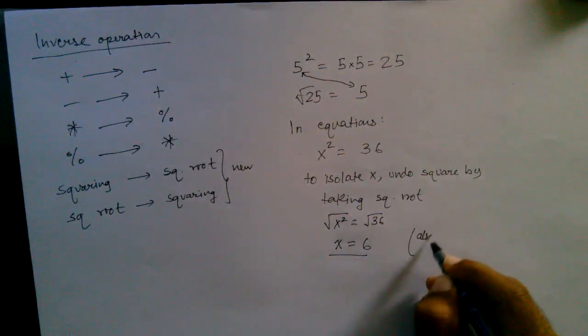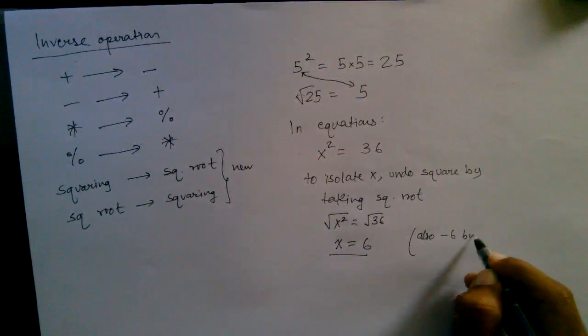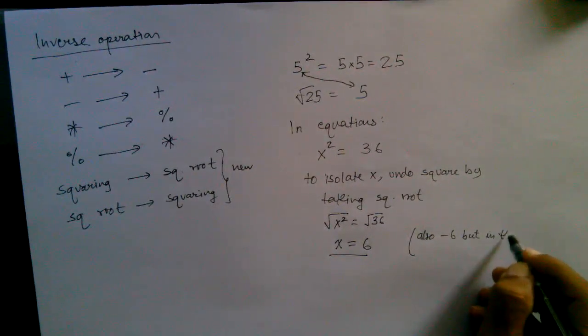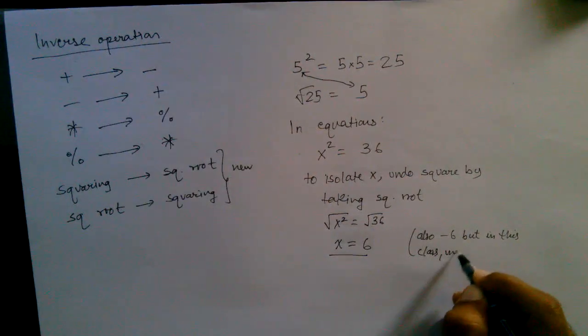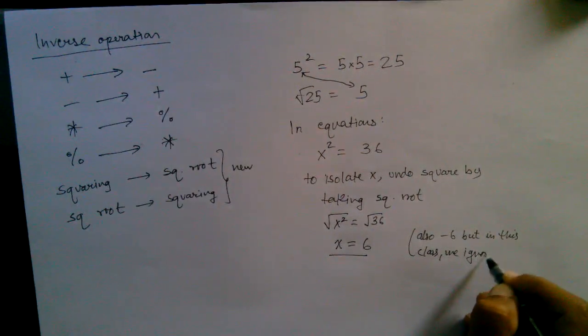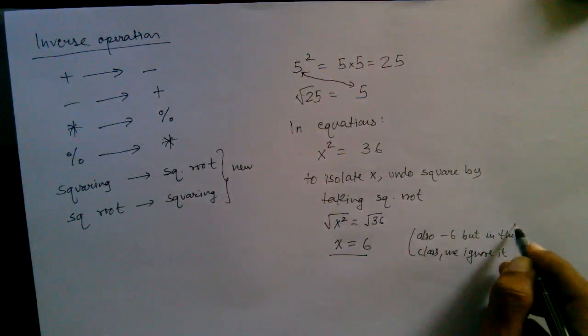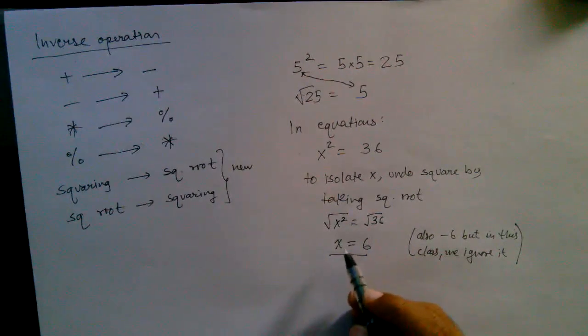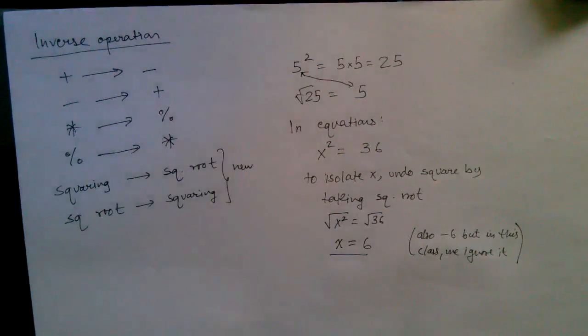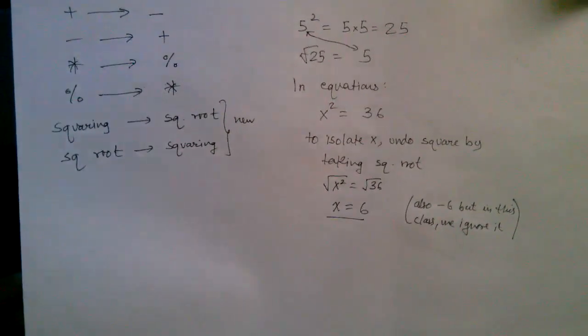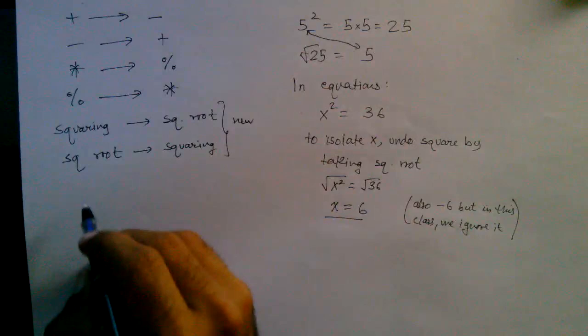So there's also negative 6, but in this class we ignore that. So the idea is that x comes out to be 6. So you have another tool for when you're solving equations containing squares.